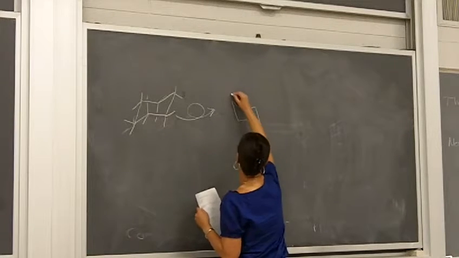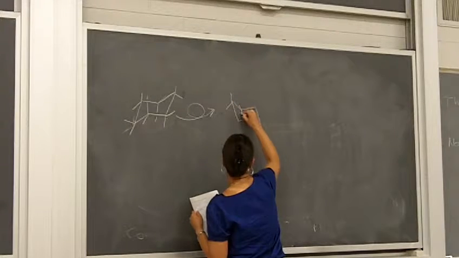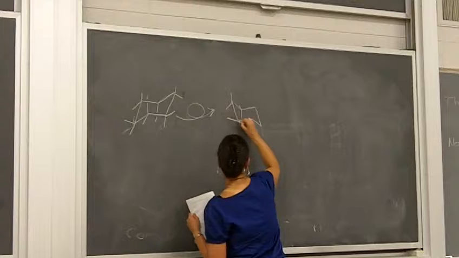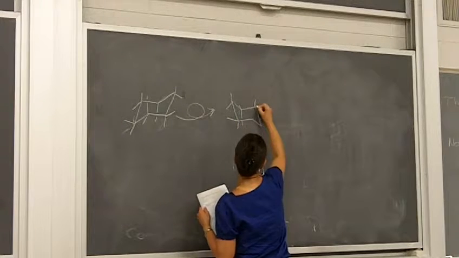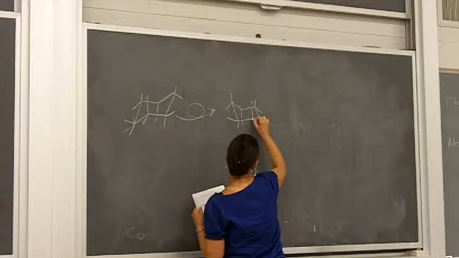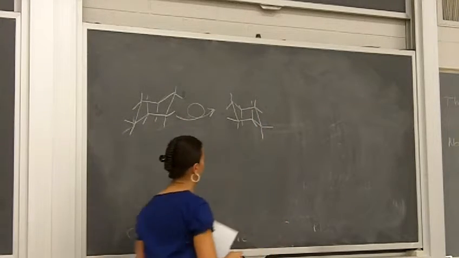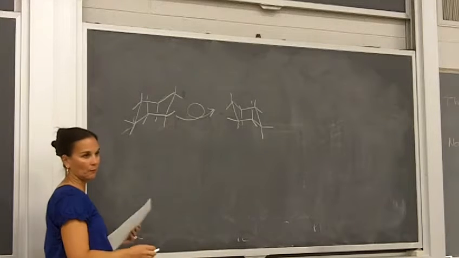Okay, and so then our substituents are going this way. So when you do the chair flip, the position of the substituents is changing between axial and equatorial. So we'll look at that, okay?